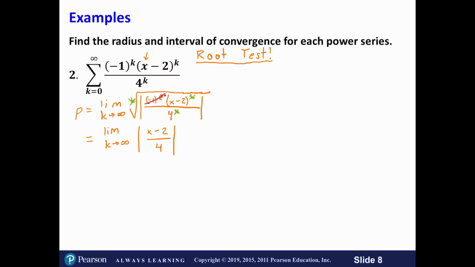Alright, so the idea with this problem is that there are no k's in it anymore, right? And so whenever we try to evaluate this limit, what we're essentially doing is we are taking the limit as k approaches infinity of a constant, of just c. And hopefully, if you remember from our limit rules, that is just equal to c.